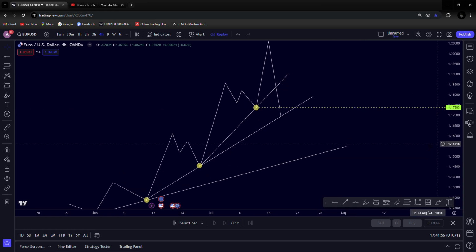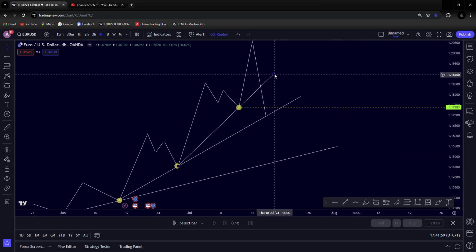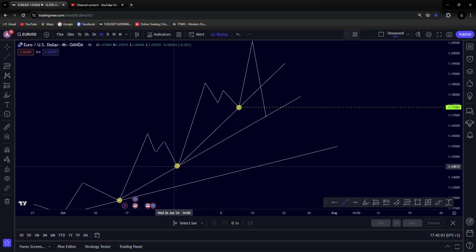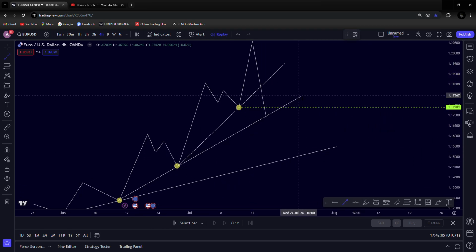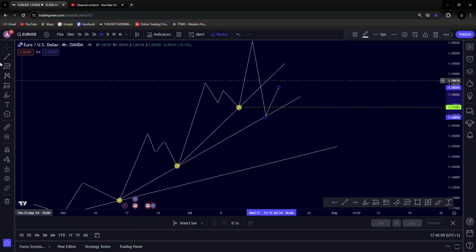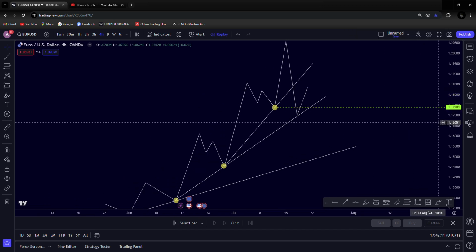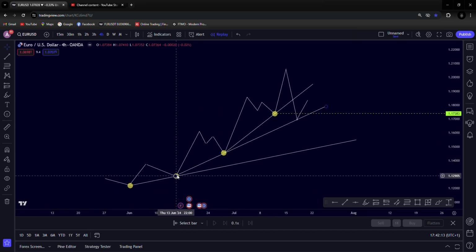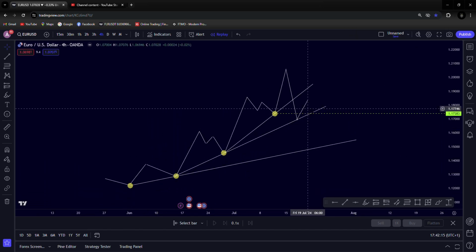Then the price can react to this mid trend line. A lot of people will see this trend line as well, but not a lot of people know how to use it.